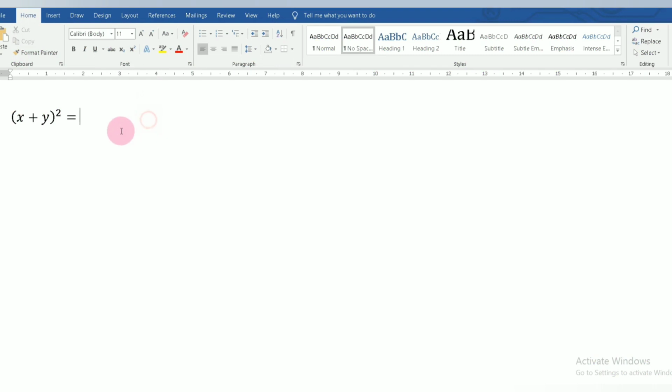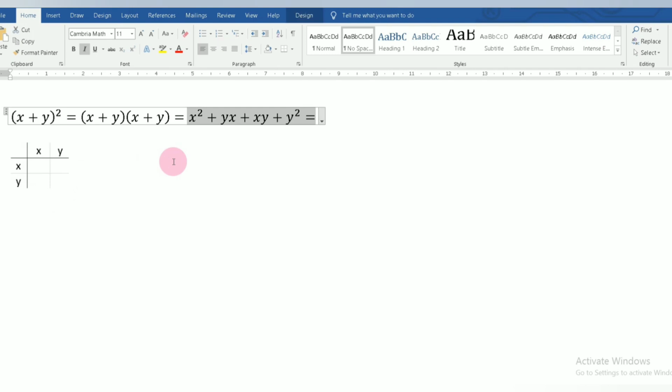The first skill that we need to recall is to square x plus y. Let me remind you that (x plus y) squared equals (x plus y) times (x plus y). So do not answer x squared plus y squared. No, you cannot distribute the square into all of these addends. Some of you are taught by using the box method: x times x, x times y, y times x, y times y.